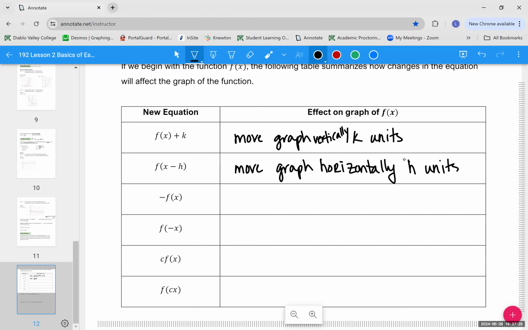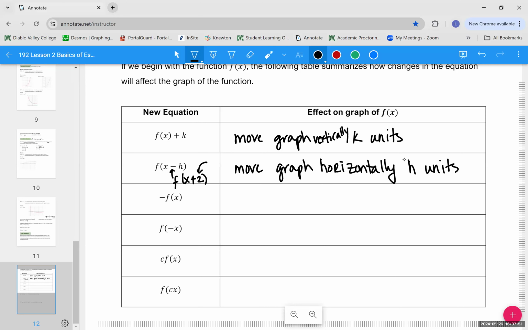The thing you also probably remember is the minus is built into this. So if it's something like f of x minus 2, then that's actually 2 to the right. And if it was plus 2, then that's 2 to the left. And the reason for that is because the minus is built into the formula. I don't know why. I didn't make the rule.